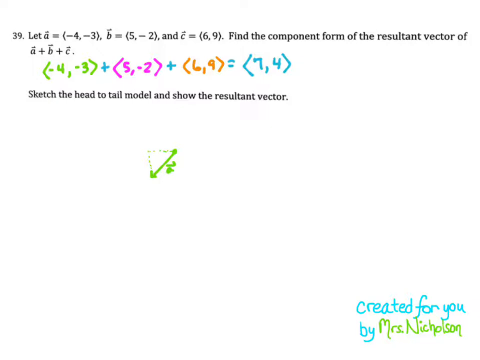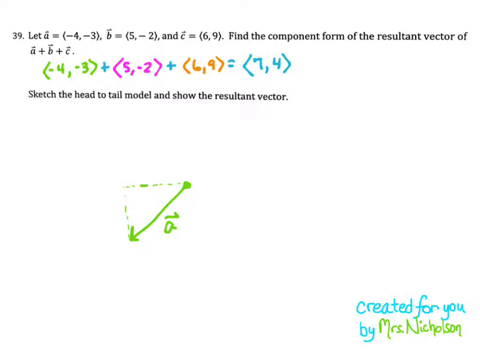So that's vector A. Let me start over again and make that a little bit bigger. Sorry, I was zoomed in so far on my screen, I didn't realize how small that was. All right, let's try again. Vector A, -4, -3. There's vector A.